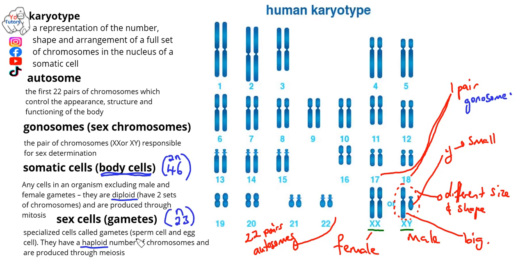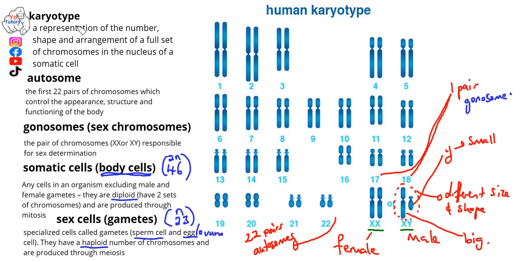Where do we find this? We find it in the sperm cells and egg cells. Sperm cells come from the testis of the male, and the egg, which we call the ovum, comes from the female. So after meiosis, sex cells are formed, which are the sperm cell and the ovum. It's a product of meiosis.